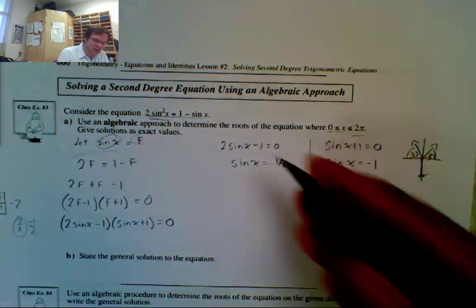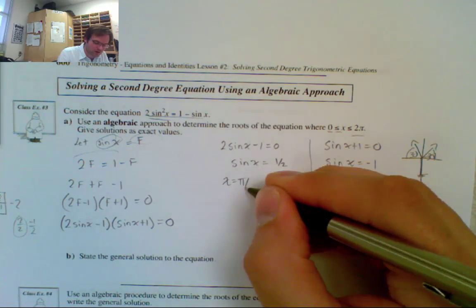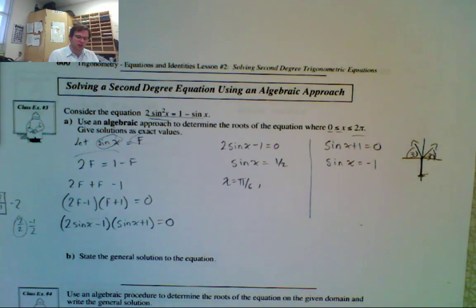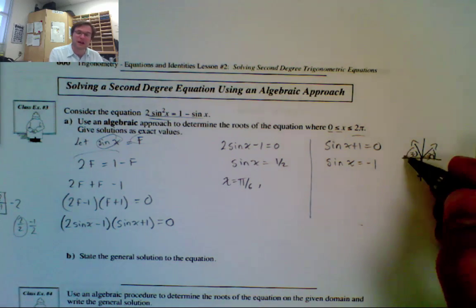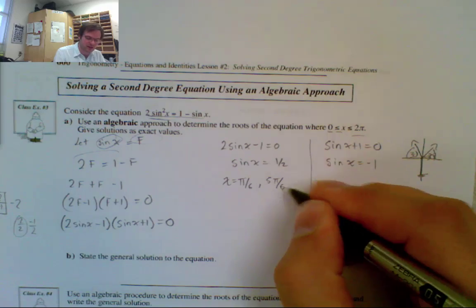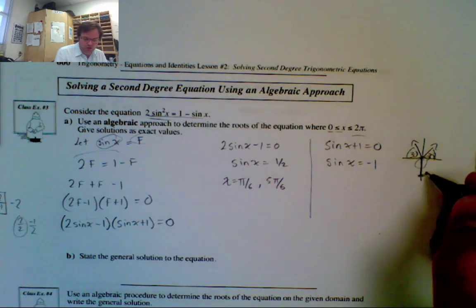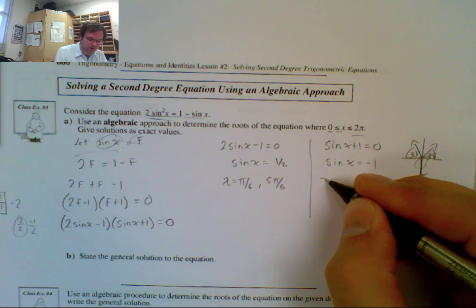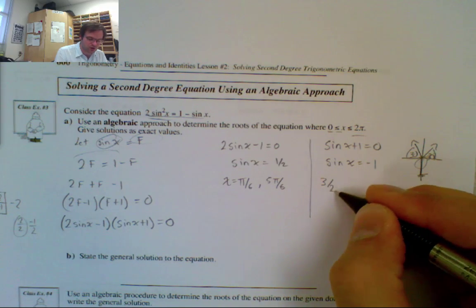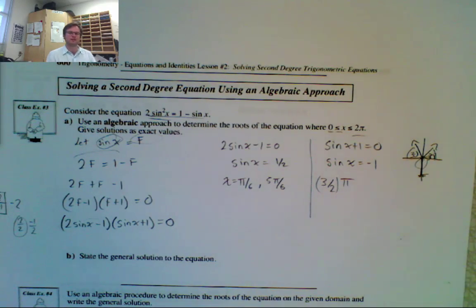So my answers here are x is equal to pi over 6, and my other one is going to be pi minus pi over 6, which gives me 5 pi over 6. And right here, it's 3 over 2 pi, so my other one is going to be 3 over 2 multiplied by pi, okay? Because that's the 270 degrees.